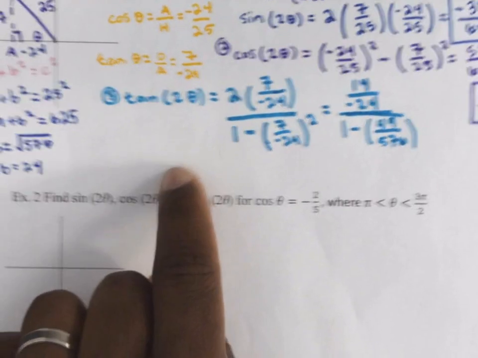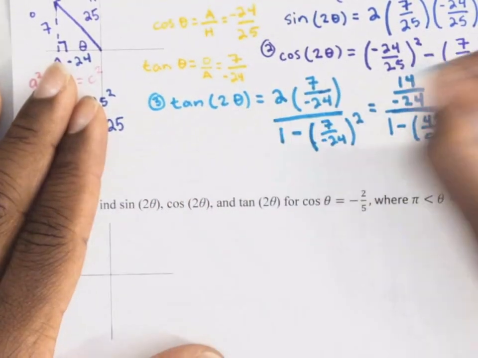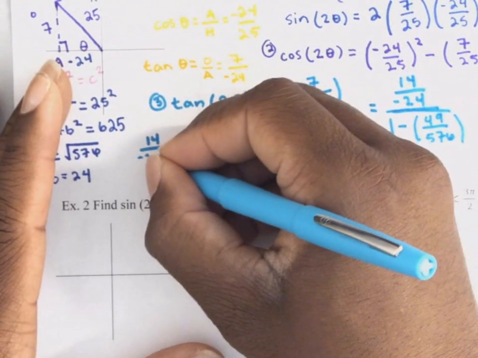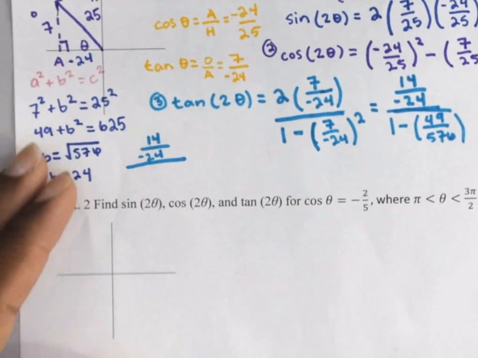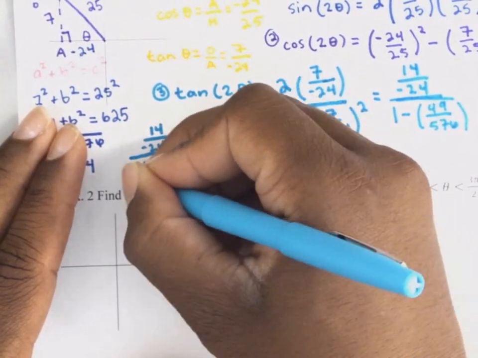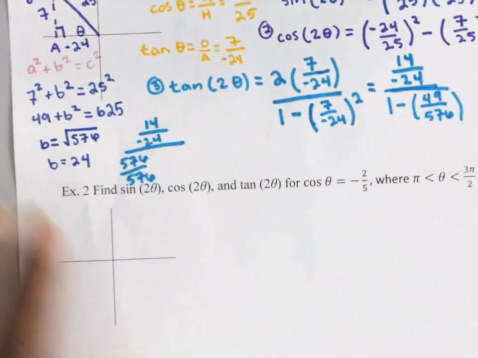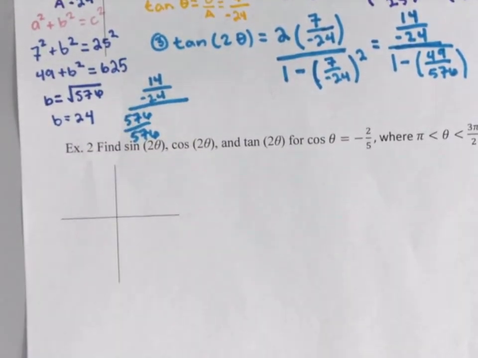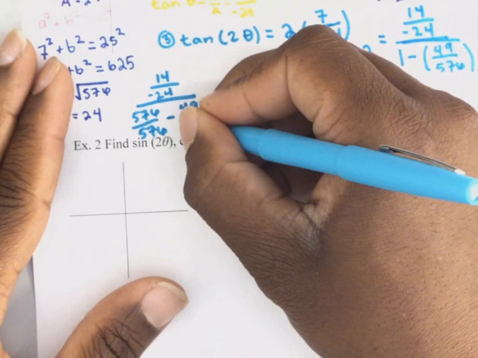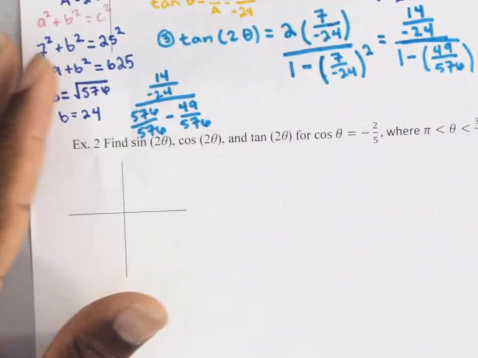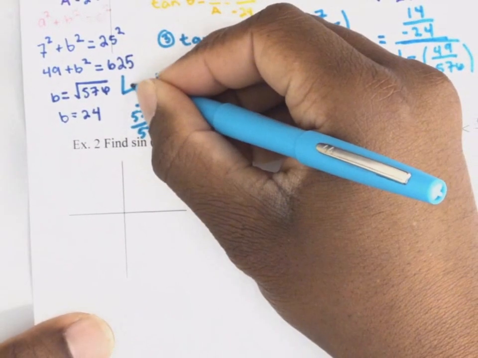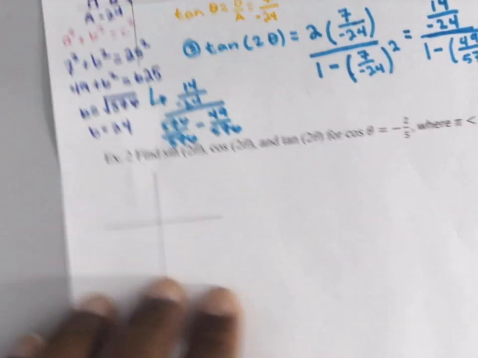I'm not going to change anything on the top just yet, so 14 over negative 24, all divided by 576 over 576 minus 49 over 576, because that's just 1, right? Everybody okay with what I did there?